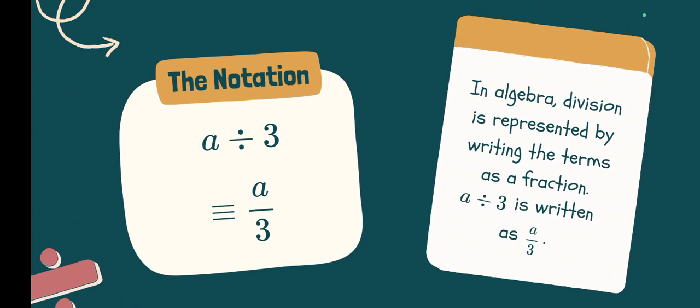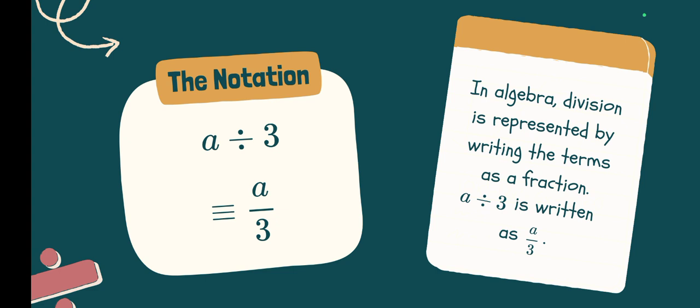You can see here that in an algebraic expression, if you need to write a divided by 3, then you will write it as a by 3, that is in fraction form. In algebra, division is represented by writing the terms as a fraction.